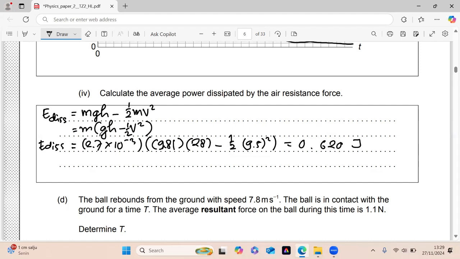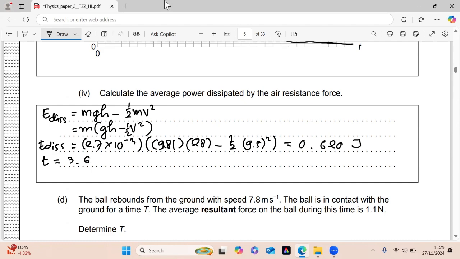Now, after that, we're going to find the average power. Average power, which unit is what? According to the graph, the energy dissipated occurs at T equals 3.6.